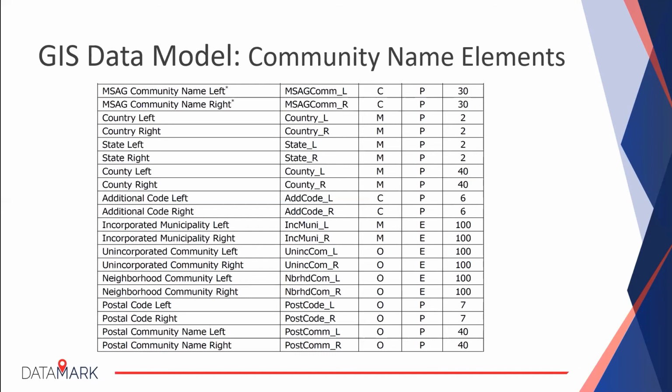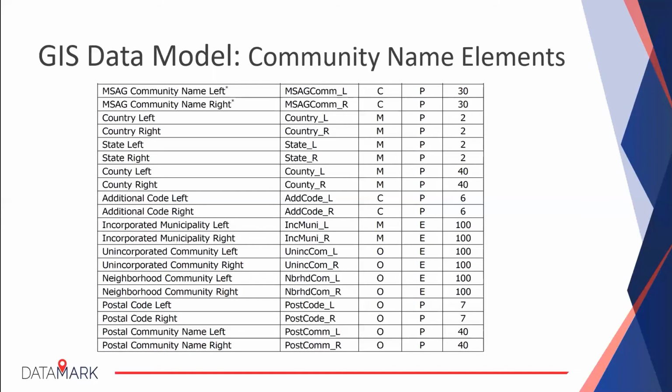Places like Ramona and Jamul are examples of those in San Diego County, where there wasn't an incorporated city, but everybody knew it as Ramona. And so in that case, you may have an incorporated municipality of San Diego County, but an unincorporated community of Ramona. And throughout New York City are many good examples.